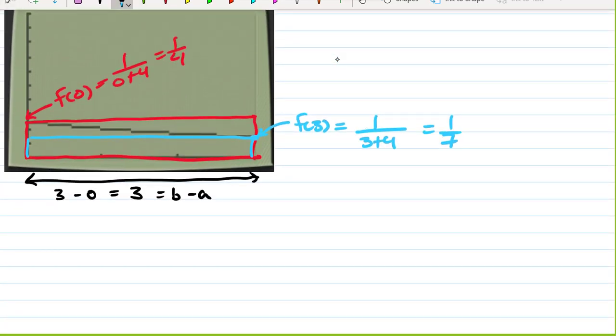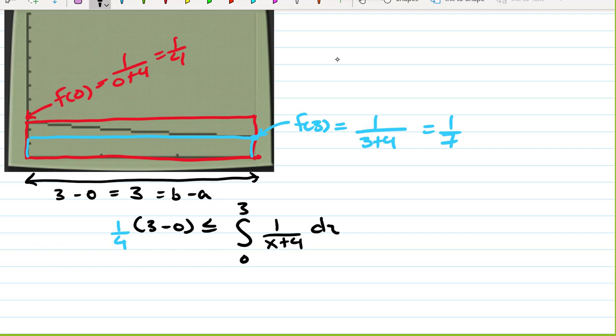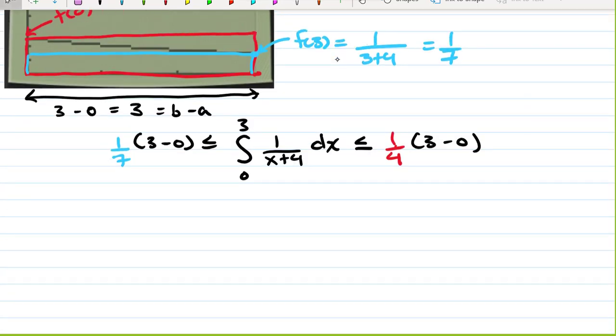So we're going to have 1/7 times our b minus a, so our 3 minus 0, is less than or equal to the integral from 0 to 3 of 1 over x plus 4 dx, which is less than or equal to the maximum, 1/4 times the length of our interval, which is 3 minus 0.